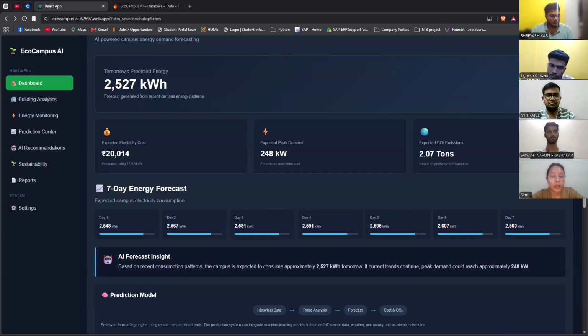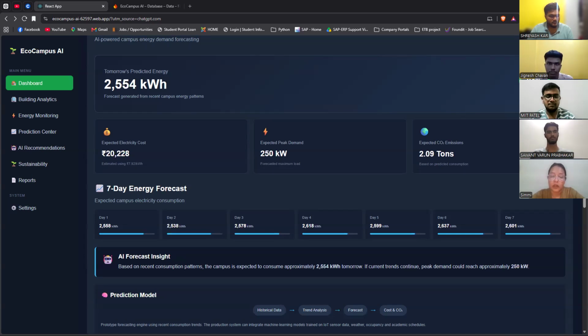The current prototype uses recent consumption trends. A production system could incorporate historical energy data, weather, occupancy, and academic schedules to improve the forecast. So the technology is moving from descriptive analytics, what happened, to predictive analytics, what may happen next.